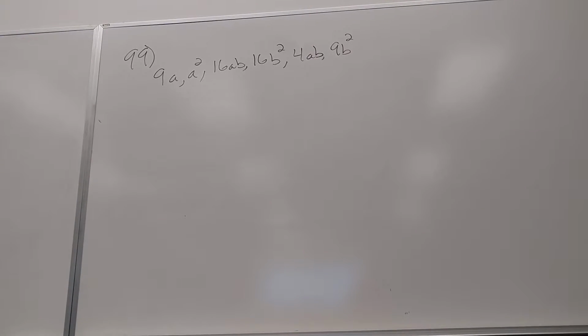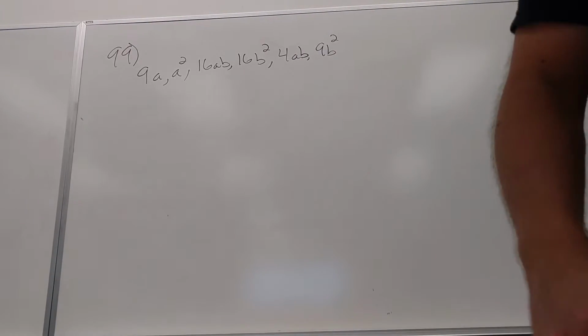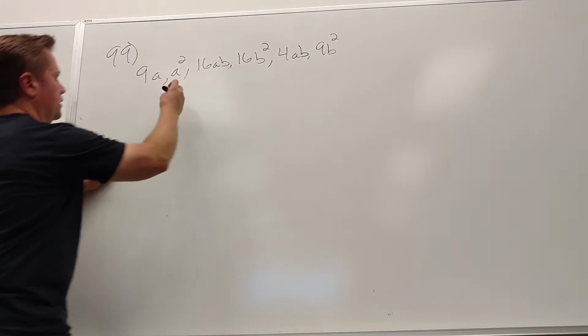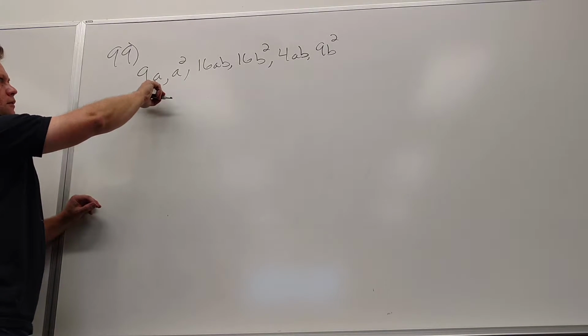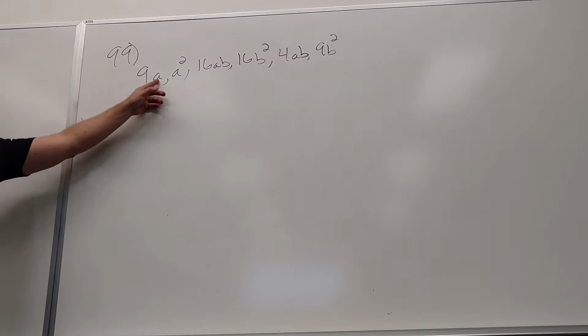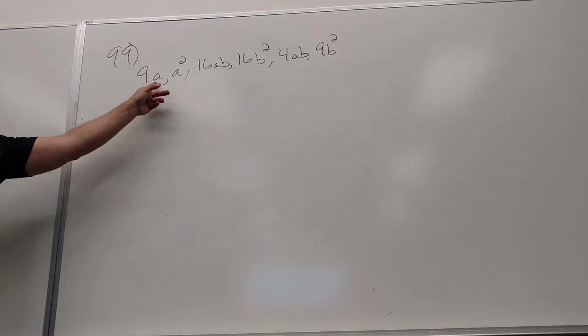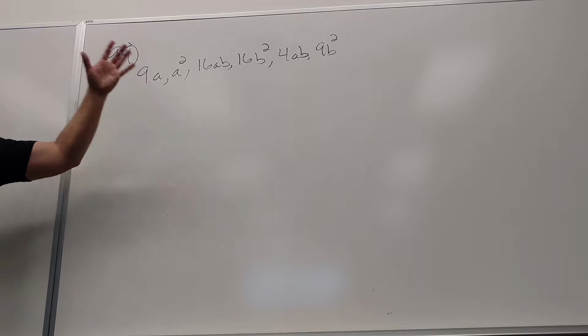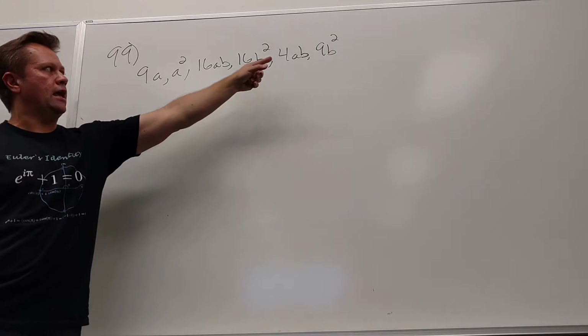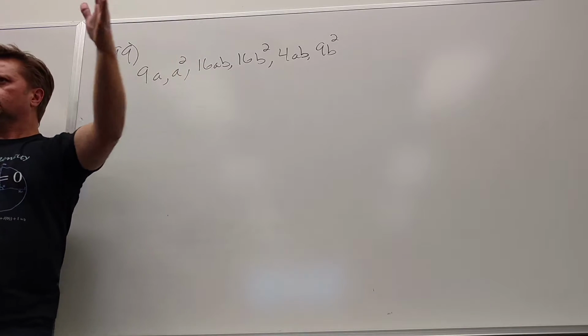Tell me all the groups of like terms from that problem. So are there any like terms with this one? They'd have to be something that has an A. Nobody else has just an A in it, right? You guys cool with that?